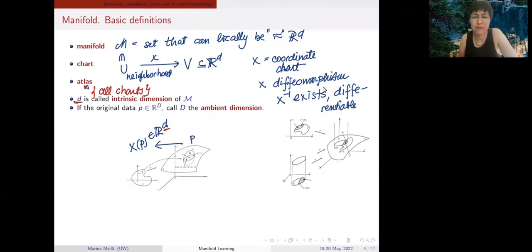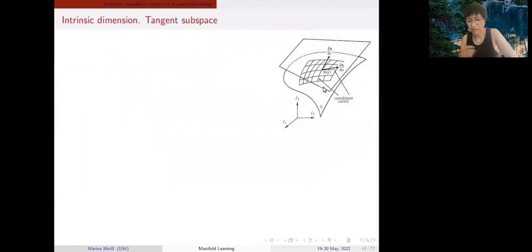Let me see if there are questions. Now, what else do we need to define on a manifold? At every point of a manifold, there is something called the tangent subspace. And the tangent subspace is exactly what you imagine. It is a vector space. So for every P in the manifold, we have T sub P of M. It's a very funny notation.